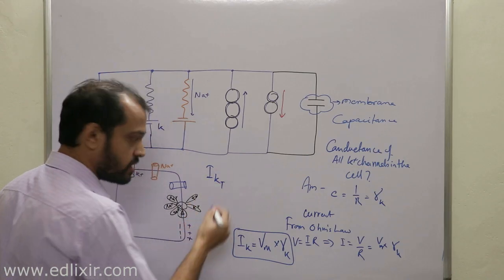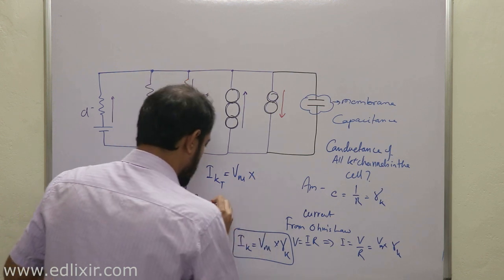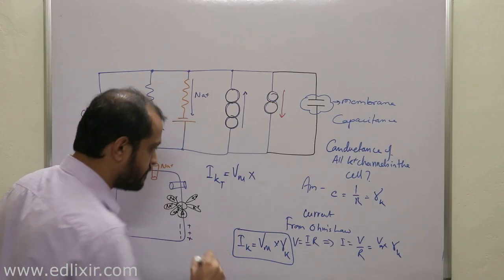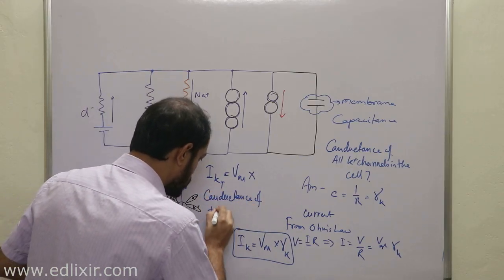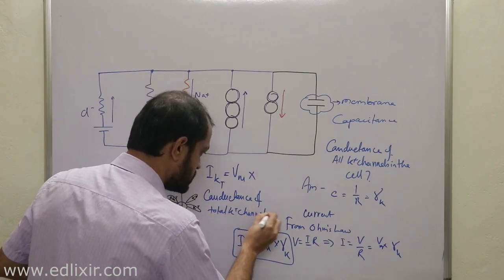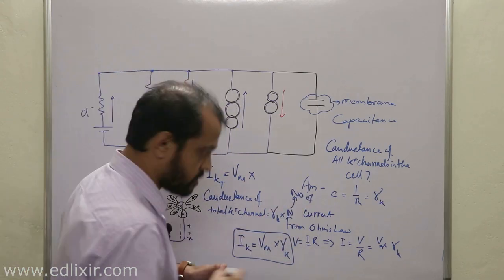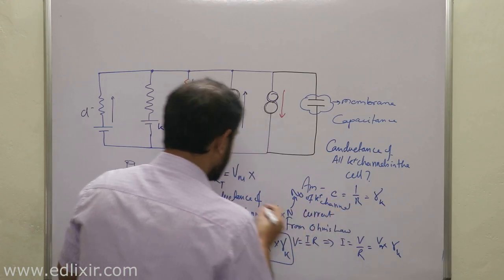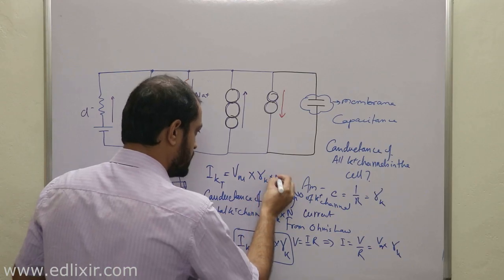Now, if you want the current for all the potassium channels, then IK total current is equal to Vm into, now listen, this is the conductance of a single channel. The conductance of the total potassium channels is gamma K into N, where N is the number of potassium channels, K plus channels, right?